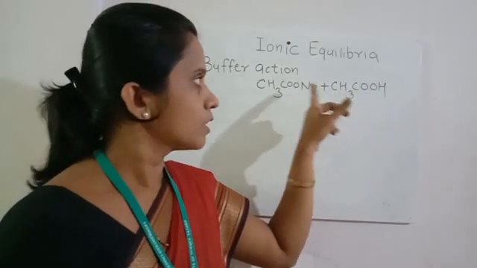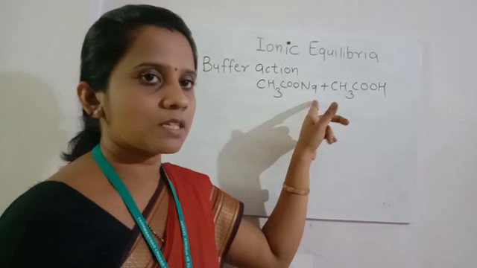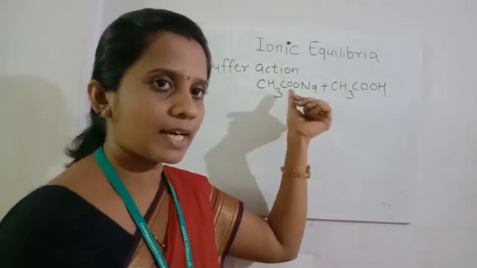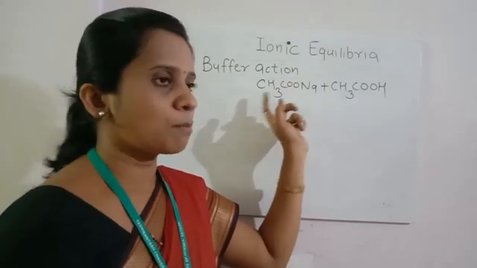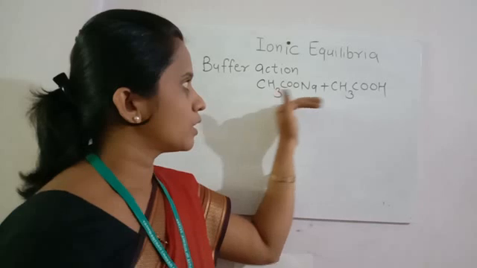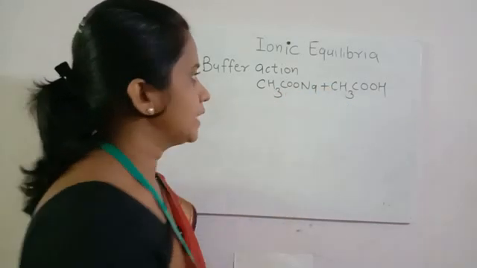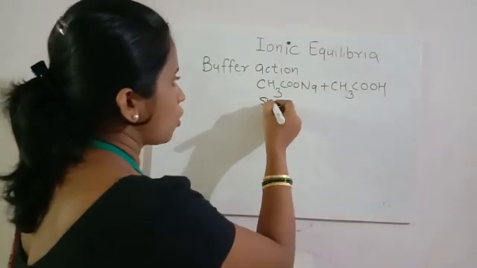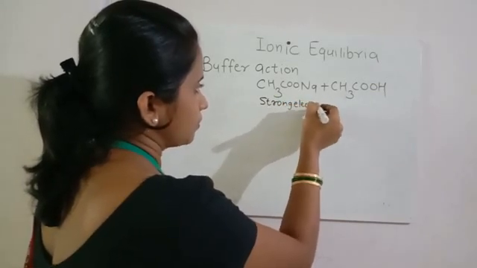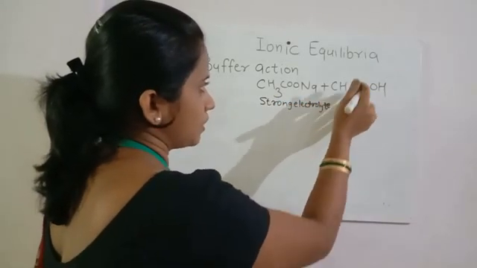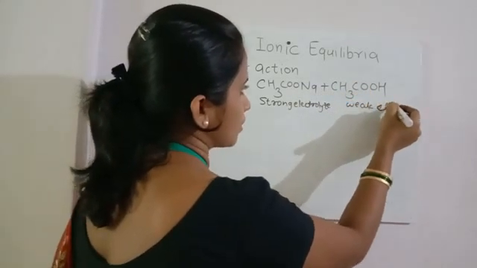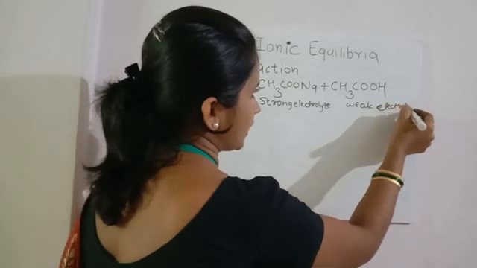Weak acid, and its salt with strong base. So strong base is sodium hydroxide NaOH. So this is an example of acidic buffer solution. Okay. Now in this case, sodium acetate is a strong electrolyte, and acetic acid is weak electrolyte.